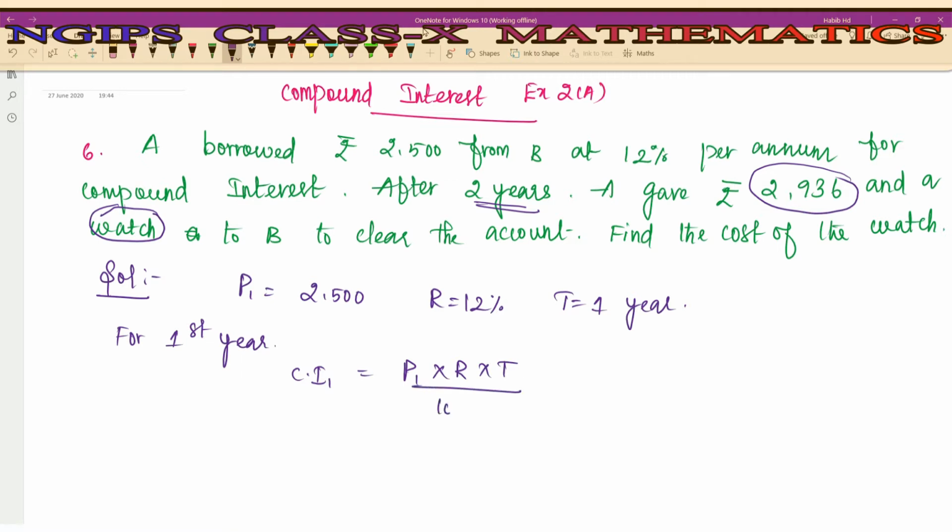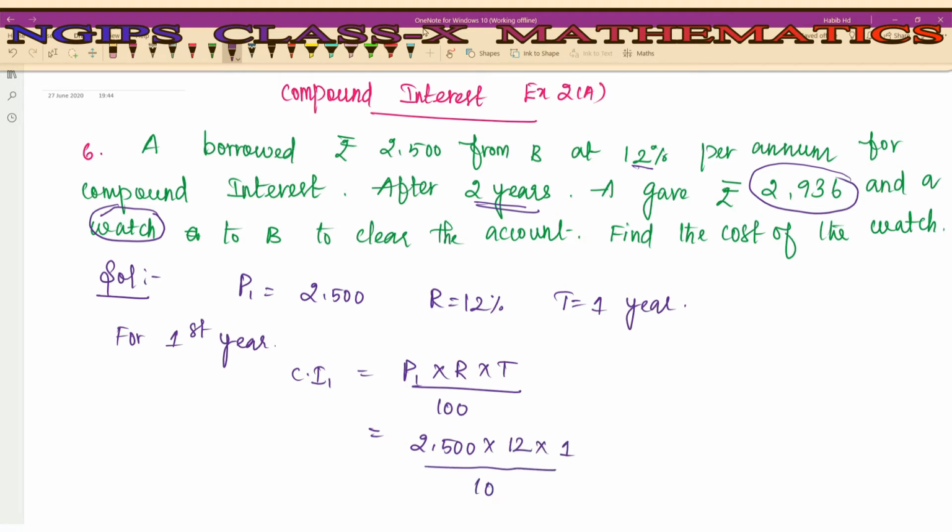If you look at this question, we don't have different rates. We have only one rate, so it is going to continue for 2 years also. So rate and time are not going to change, only the principal will change. So the first year principal is 2500 into rate 12% into 1 year divided by 100.